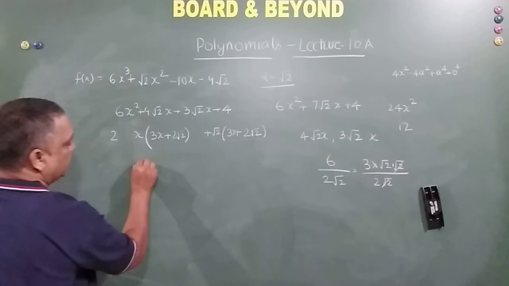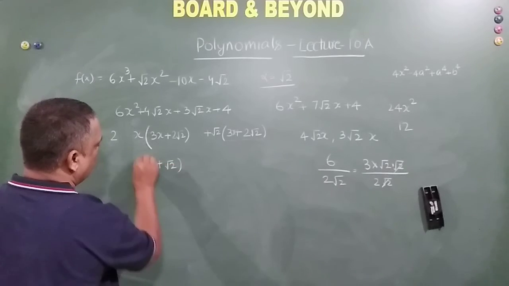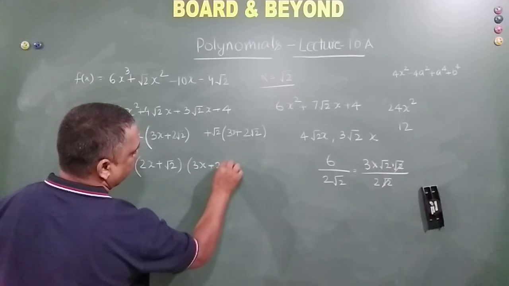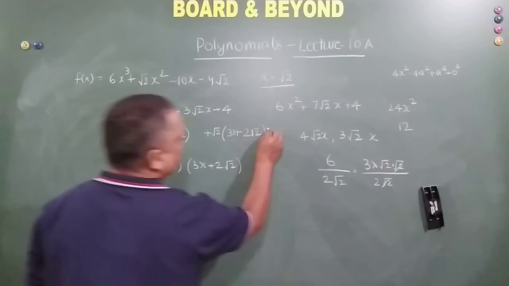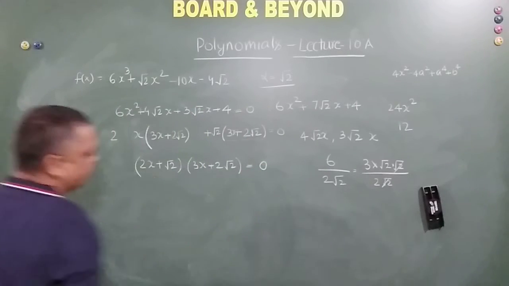Now, this leaves me with (2x plus root 2) into (3x plus 2 root 2), which is all equal to 0 since we are finding out the roots. Right, friends?